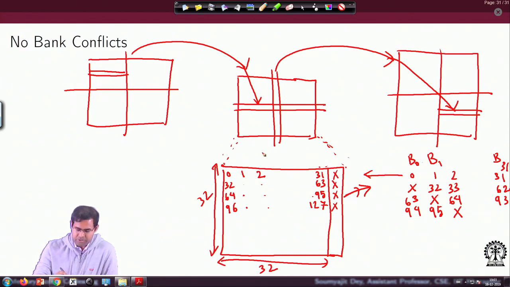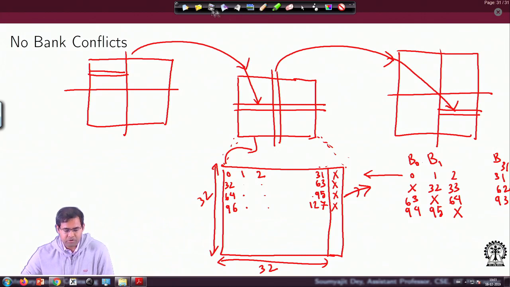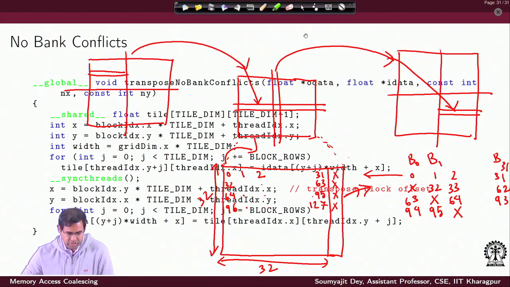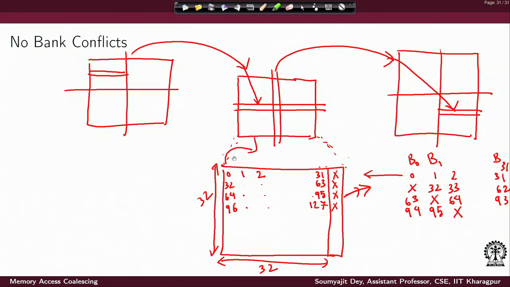Essentially, first of all, let us point out some data points that I want to load. Assume that I want to load from this column, right. Just to keep consistency, let us go back to the original code and see what we were really loading. This is the code without bank conflict, and I am loading from a column. As a representative column, let us take the first column, in our original implementation, where I did not increase the width of the tile.